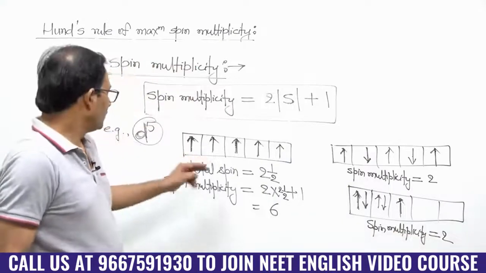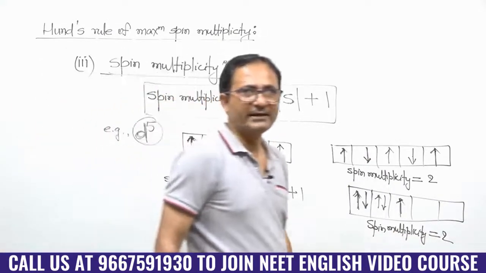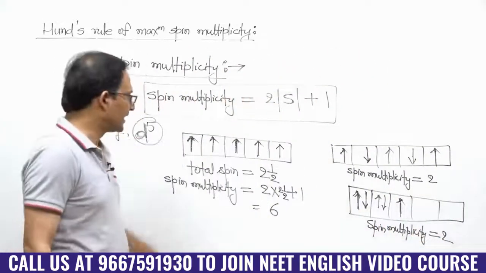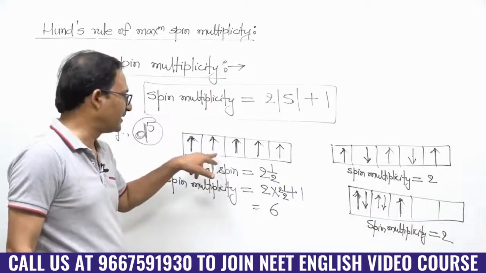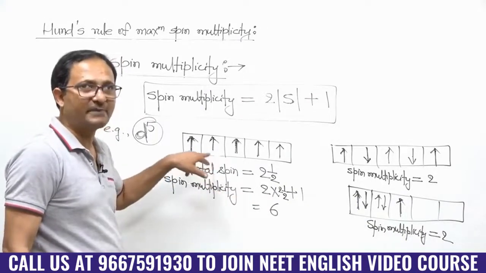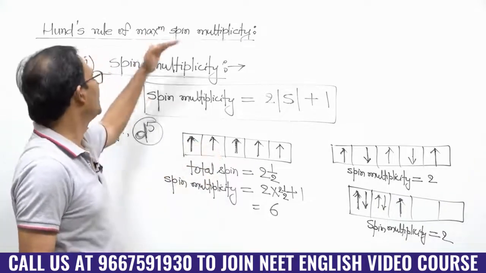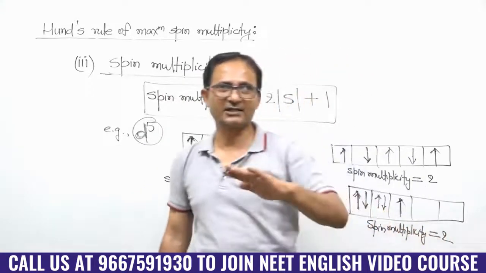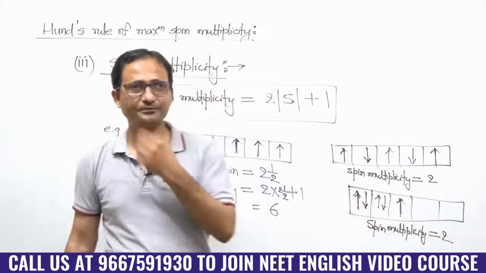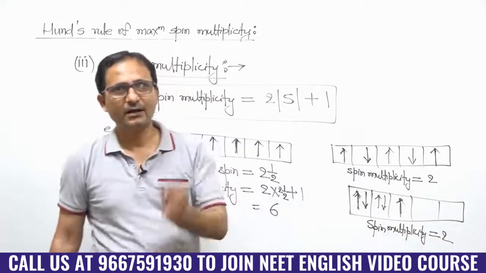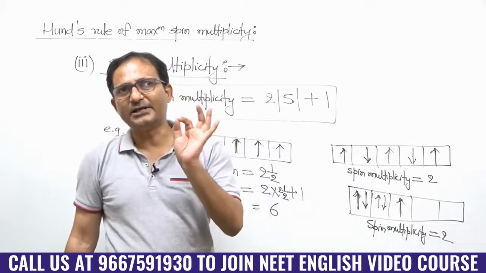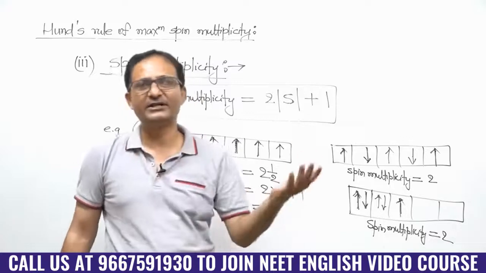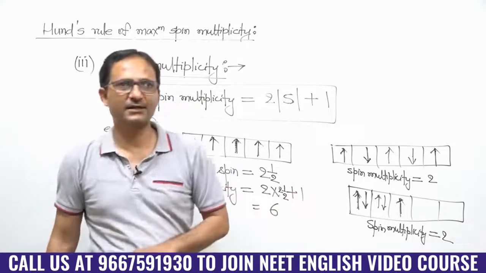Now look, among these 3 arrangements, which arrangement has maximum spin multiplicity? Then you will say this one, because its spin multiplicity is 6. So this is permissible, and this is according to Hund's rule, and therefore the name is Hund's rule of maximum spin multiplicity. Now, as I said earlier, spin multiplicity is not generally used to compare the stability of 2 different subshells, right?